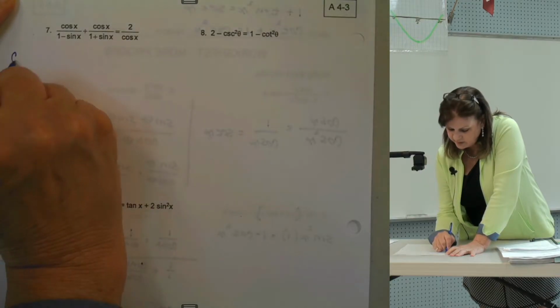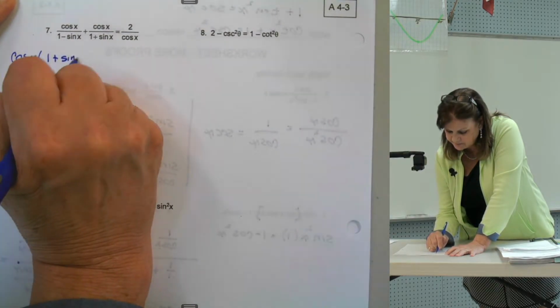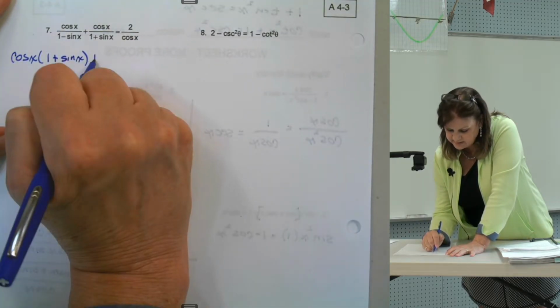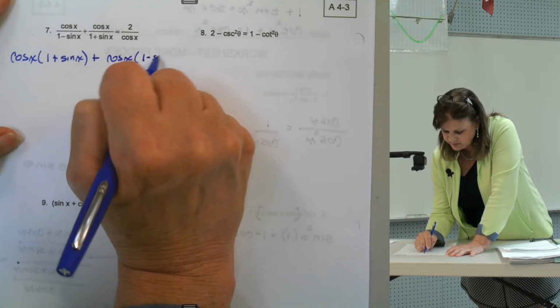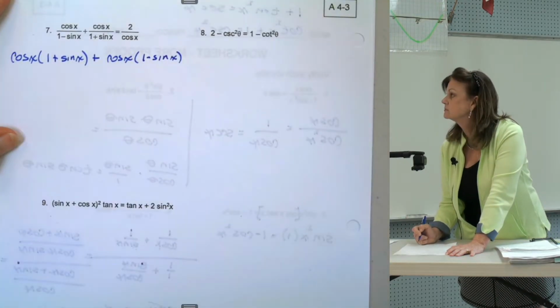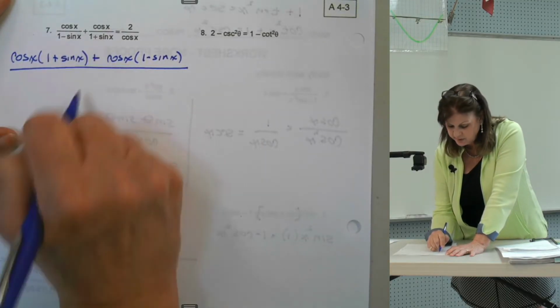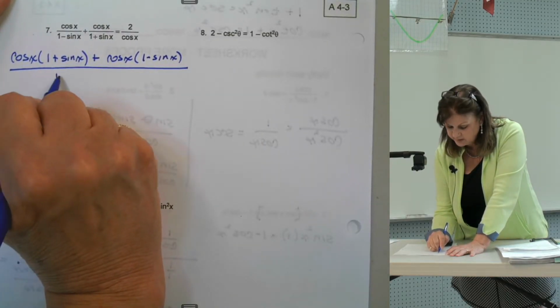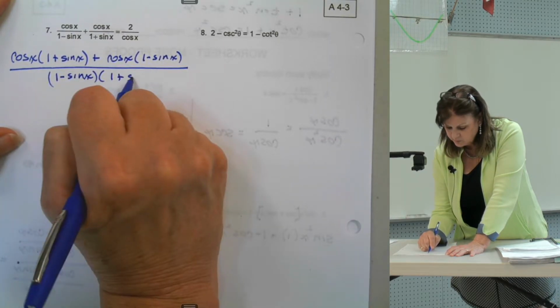So I've got cosine x times 1 plus sine plus cosine x times 1 minus sine. And all of that is denominator times denominator. So I've got 1 minus sine, 1 plus sine.